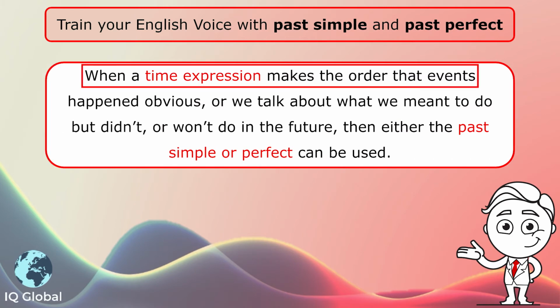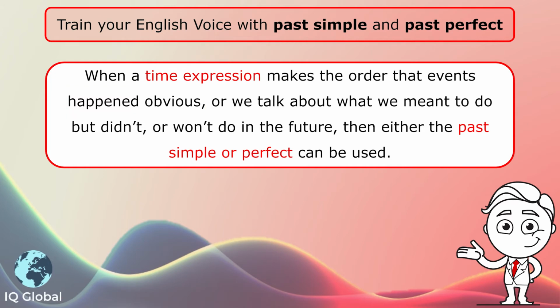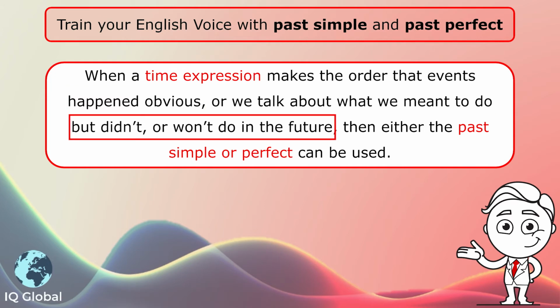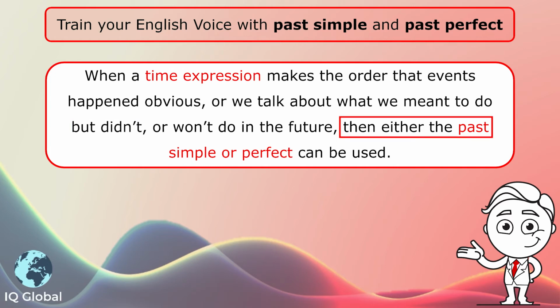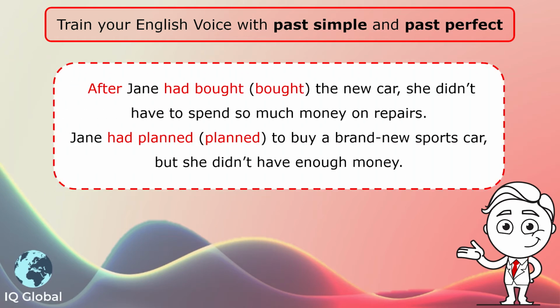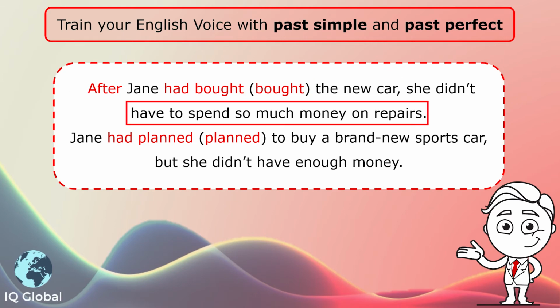When a time expression makes the order of those events that happened obvious, or we talk about what we meant to do but didn't do or won't do in the future, then we can use either the past simple or the past perfect. They're the same words. For example, after Jane had bought the new car, she didn't have to spend so much money on repairs.